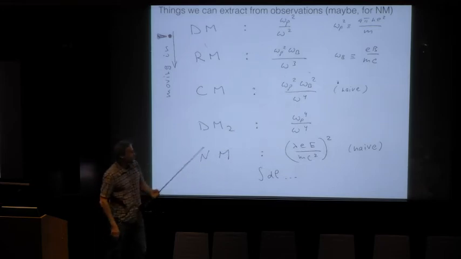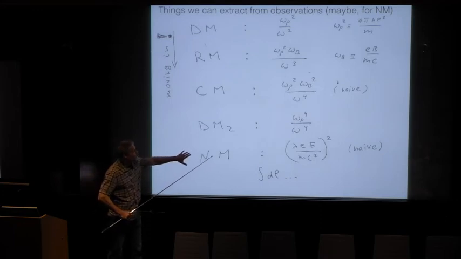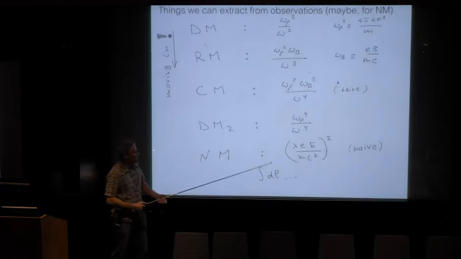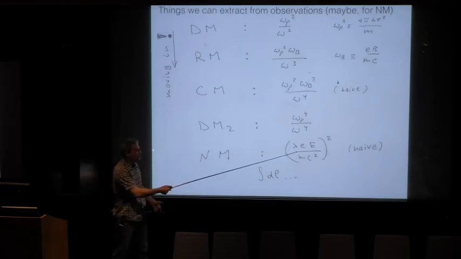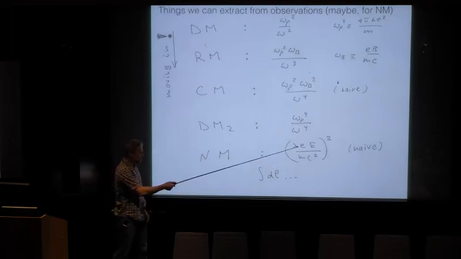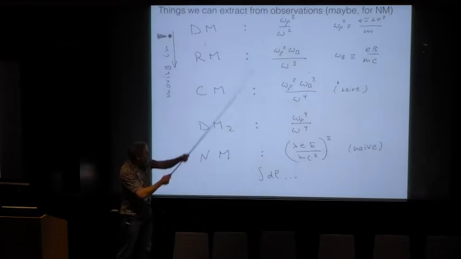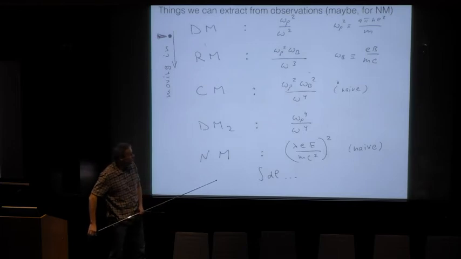This is a to-be-introduced nonlinear measure, which should be there simply because closer to the source, for things as bright as FRBs, this expansion parameter becomes large, and of course everything should be integrated along the line of sight.